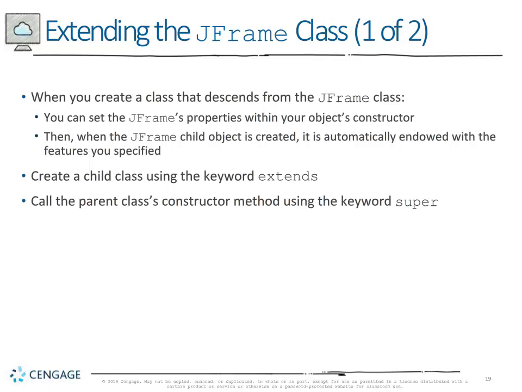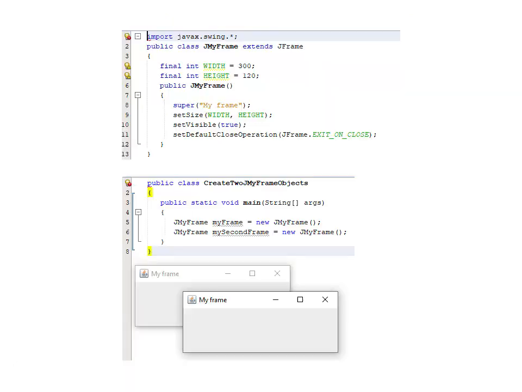Then when you create your JFrame child object, it's automatically endowed with features you have specified, such as a title, size, and default close operation. You already know that you create a child class by using the keyword extends in the class header, followed by the parent class name. You also know that you can call the parent class constructor using the keyword super, and that when you call the super method, the call must be the first statement in the constructor.